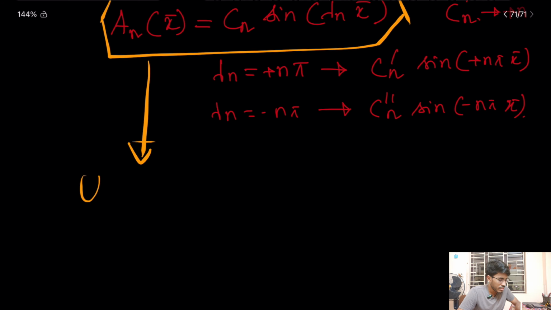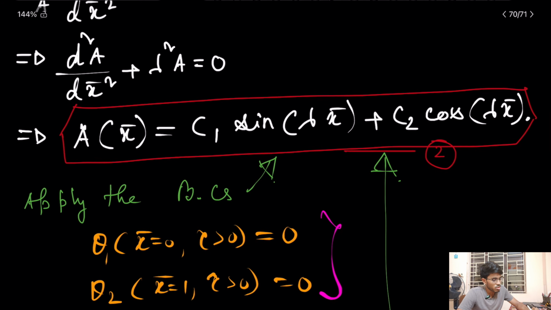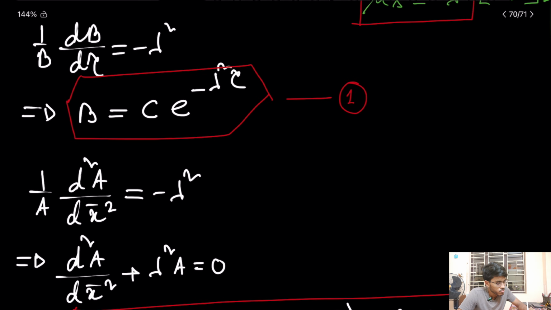Therefore, my theta n, which is a function of x and tau, will be equal to A n, a function of this, into B n, a function of tau. Now why have I written B n here? Because our solution for B also contains lambda. Because lambda has multiple values, this B will also have multiple values.